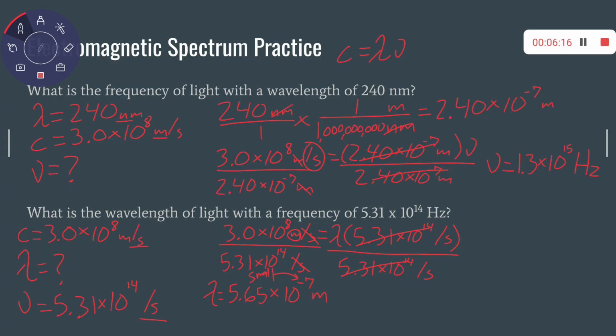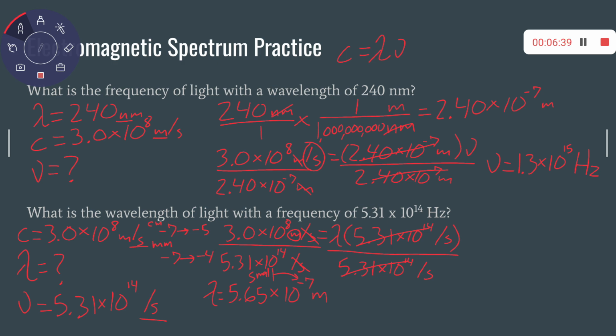And then from there, I'm going to think about the small units that I know. If I convert this into centimeters, my 10 to the negative 7th will become 10 to the negative 5th. That's still too small. If I convert to millimeters, my 10 to the negative 7th will convert to 10 to the negative 4th. Still too small.